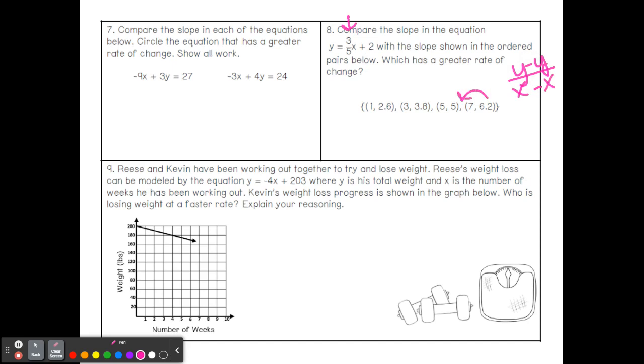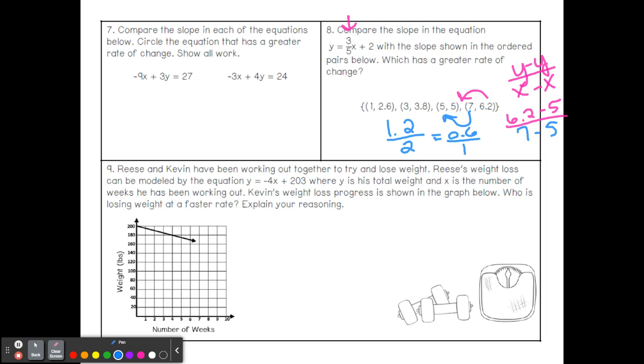So y minus y, 6.2 minus 5. So then for our x's, we have 7 minus 5. So that leaves us with 1.2 over 2. So we can simplify that further and we get 0.6 over 1.